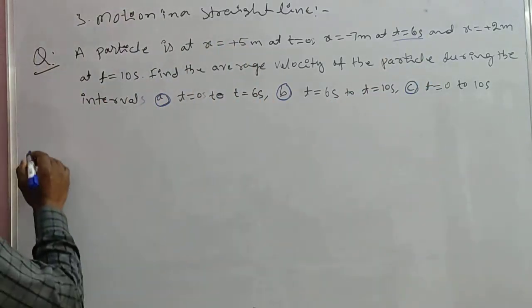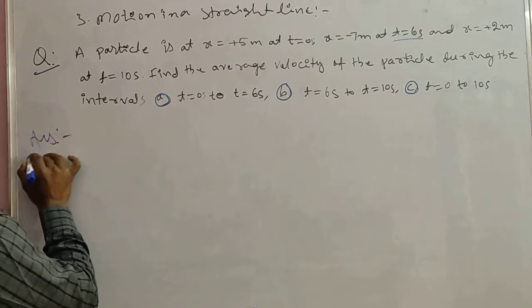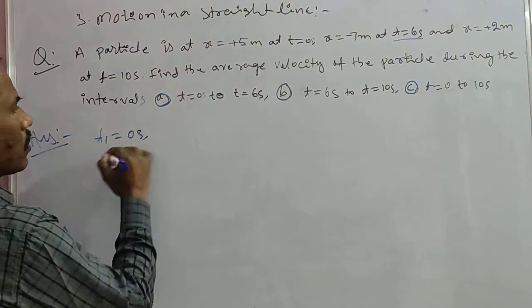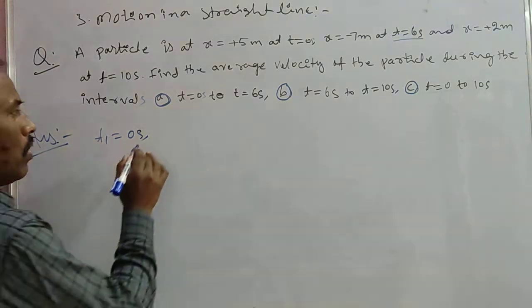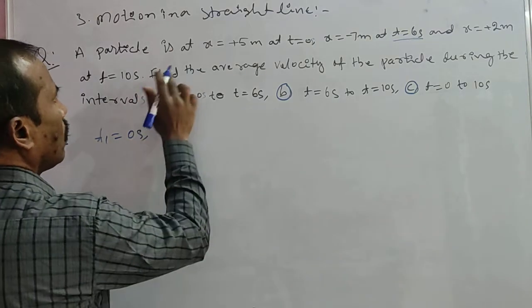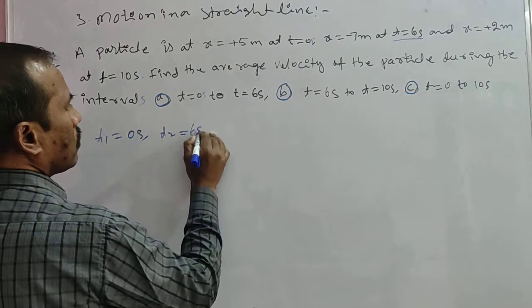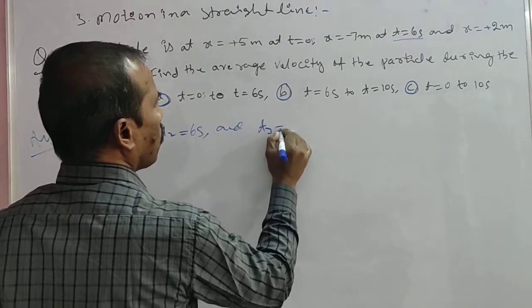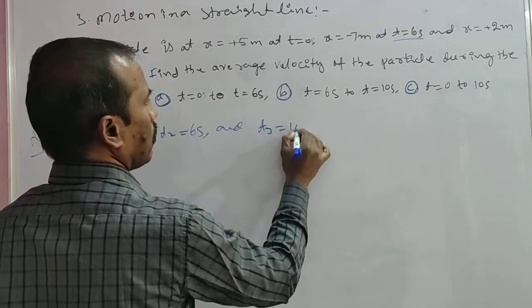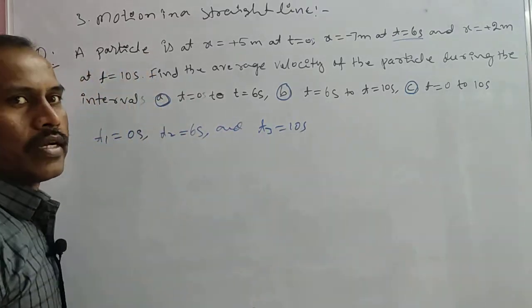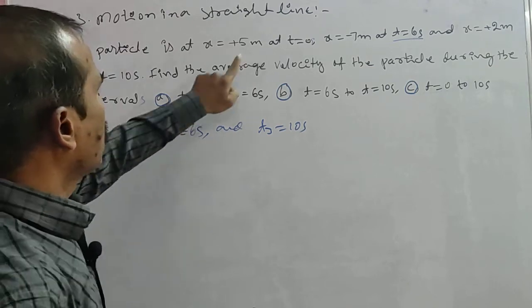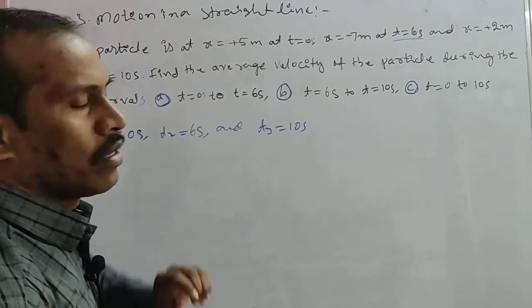Now the answer is very simple. The time intervals are t1 = 0 seconds, t2 = 6 seconds, and t3 = 10 seconds. At t1 = 0 seconds, the position is 5 meters.